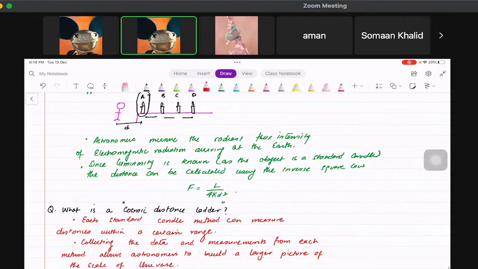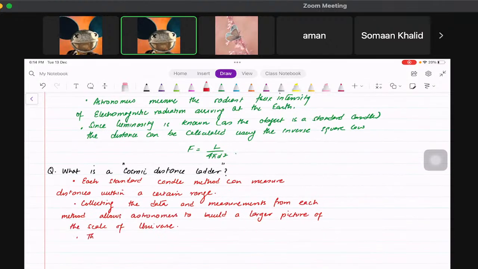How big it is. This is known as the cosmic distance ladder.